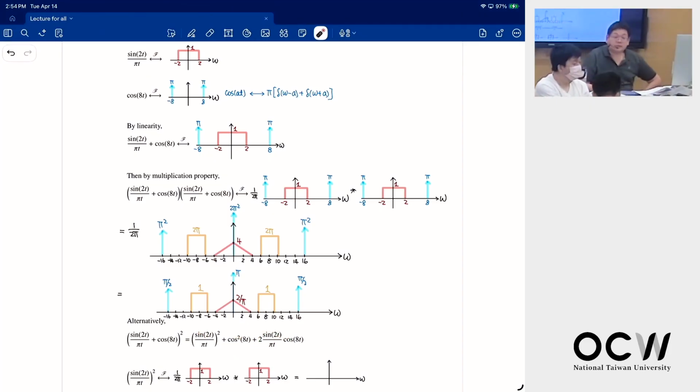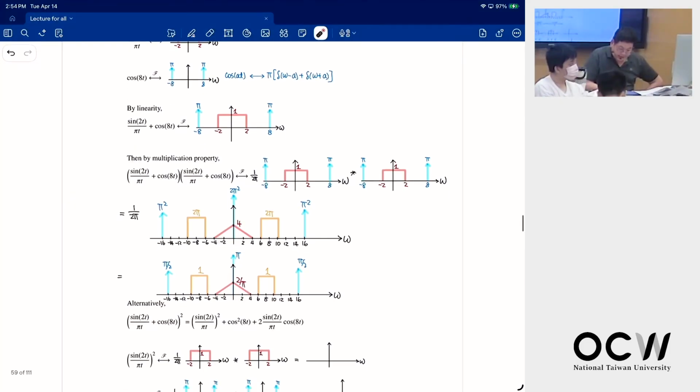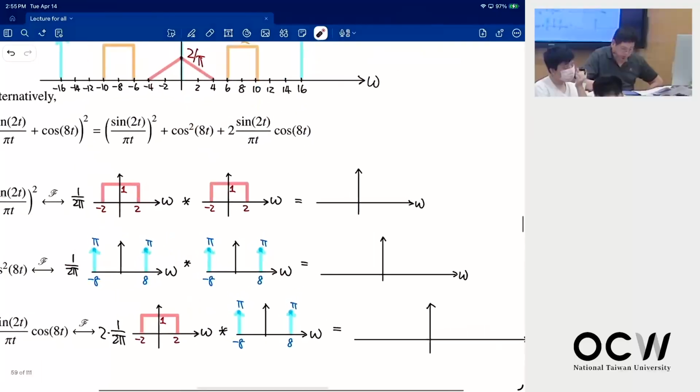Okay. So, in this case, sinc square, what is the Fourier transform? Since they are the same, right? So you do the multiplication in time domain. In frequency domain, I do the convolution. Two rectangular pulses doing the convolution, you get a triangle, right? So now here we have a triangle.